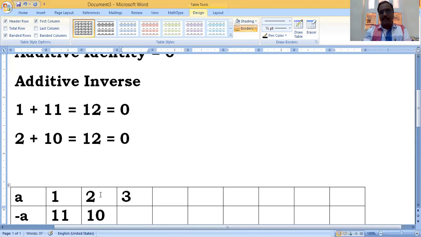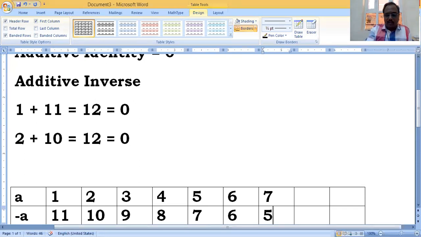When I take 3, the additive inverse is 9. When I take 4, it is 8. When I take 5, it is 7. When I take 6, it is 6. Now it will go in the opposite direction. When I take 7, the additive inverse is 5, and so on. When I take 11, the additive inverse is 1.